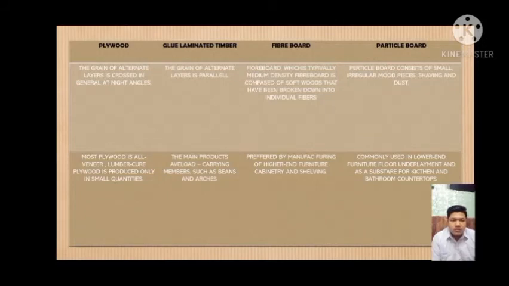The last product is particle board. Particle board consists of small, irregular wood pieces, shavings, and dust. It is commonly used in lower-end furniture, floor underlayment, and as a substrate for kitchen and bedroom countertops.